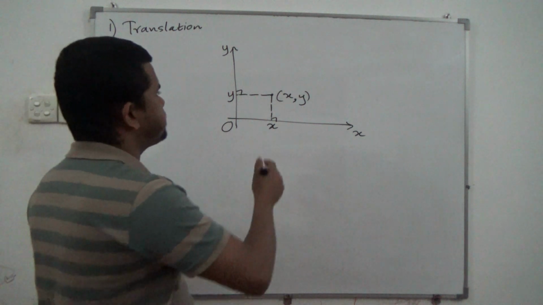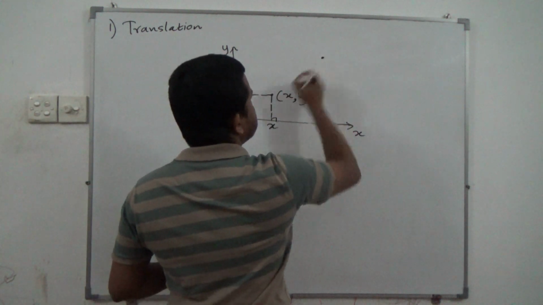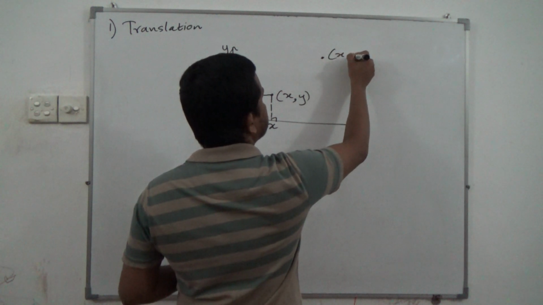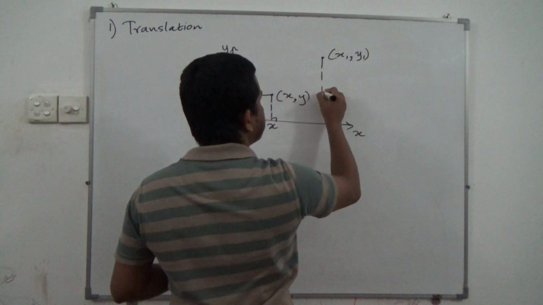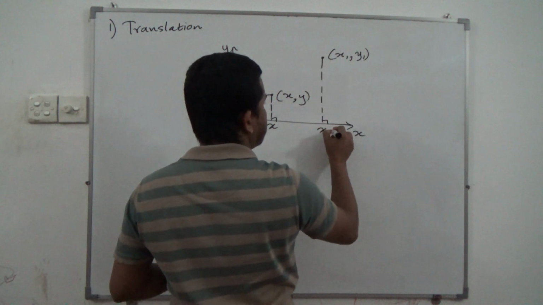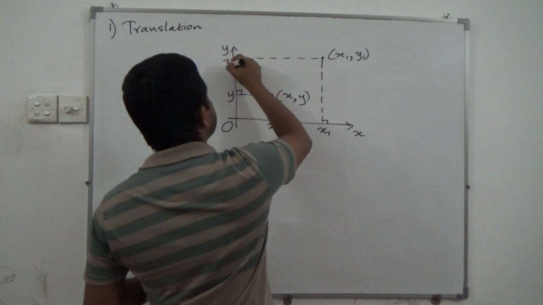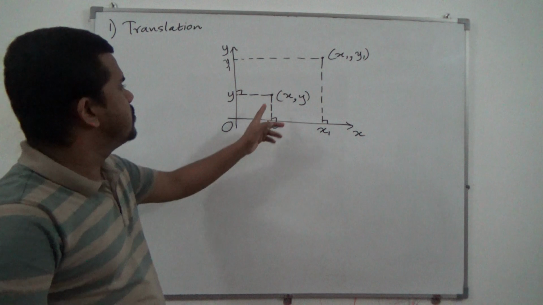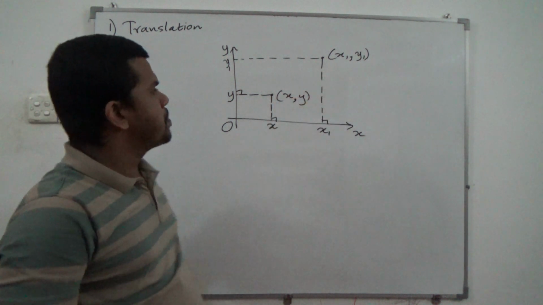Now, if we move this point to somewhere here, its coordinates are x1 comma y1. Therefore, here we have x1, here we have y1. Now, we move this point to here.